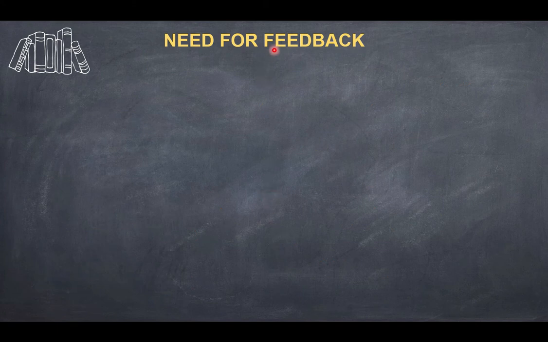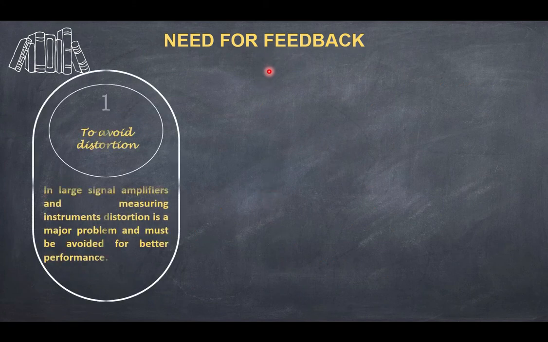So what is the need for feedback? First one is to avoid distortion. For any amplifier block diagram, if I give the input signal Vs and take the output signal Vo, the noise will also get amplified along with the signal.